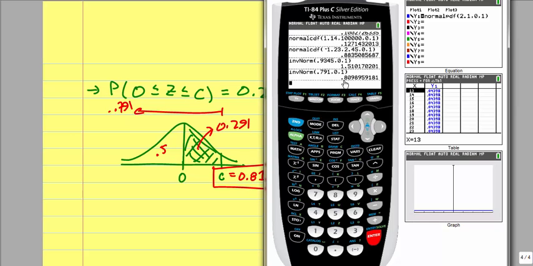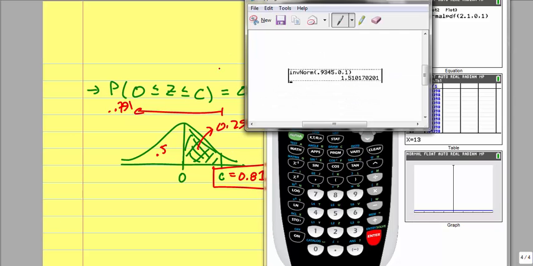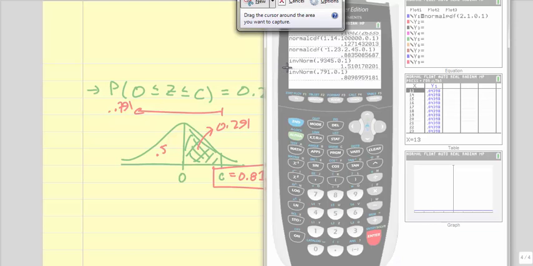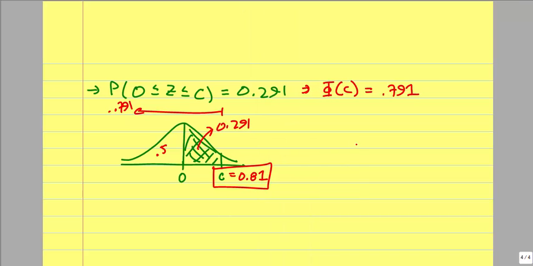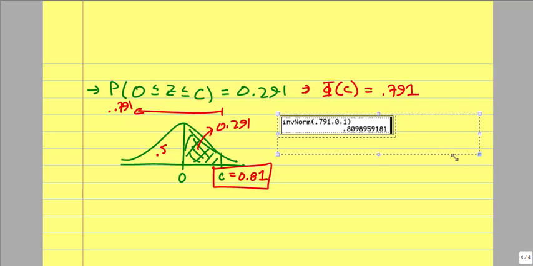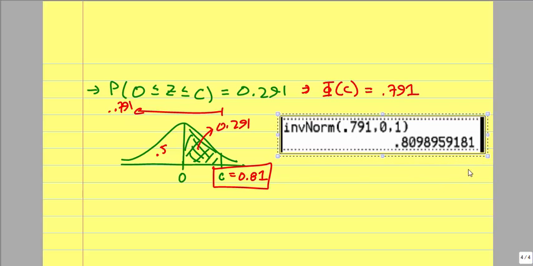And it looks like I come up with 0.8098, etc. Okay, and let's go ahead and pop this in and compare our values. Now again, when we compare these, we can see that this would have to be rounded to agree, so 0.81. Our tables only go out to hundredths, but sometimes we'll be asked to look at problems that go out a little bit further.